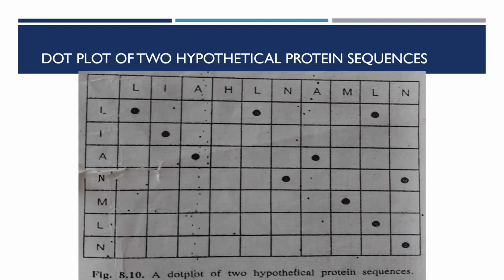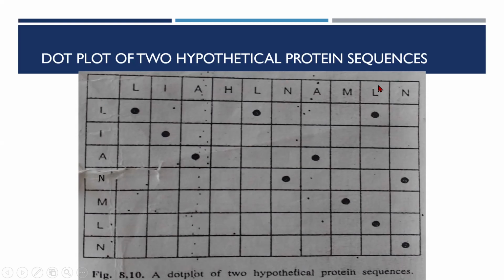So if you have two sequences, this plot explains the dot plot of two hypothetical sequences. One sequence is taken on the x-axis, the horizontal axis, whereas the other sequence is taken on the y-axis.